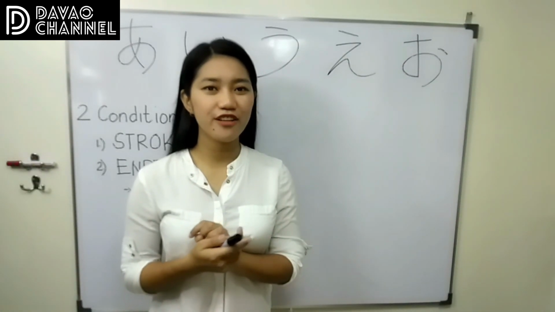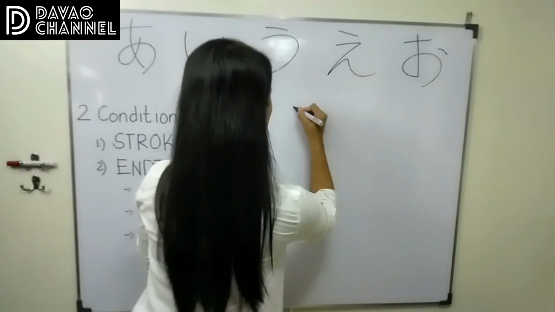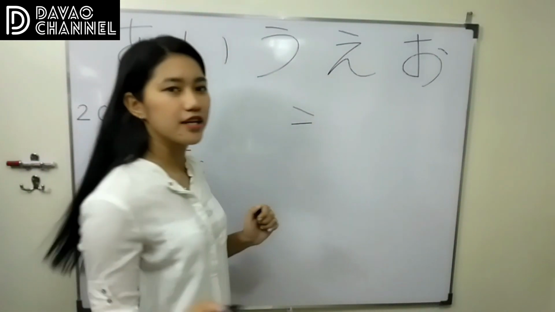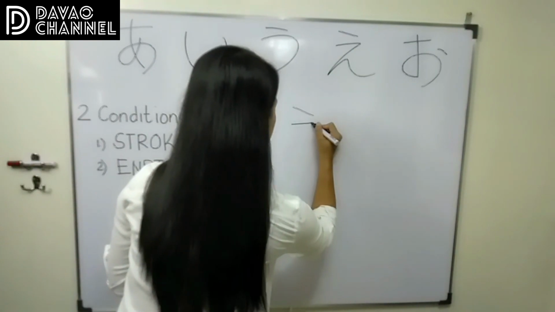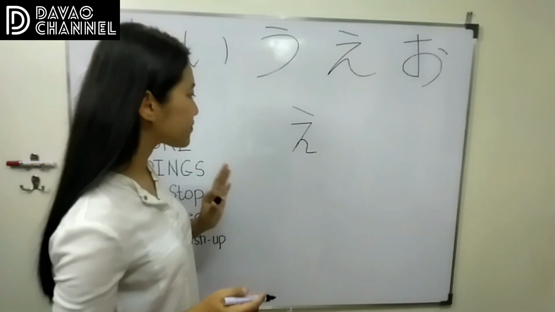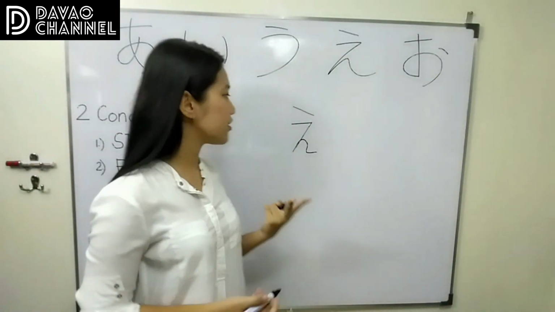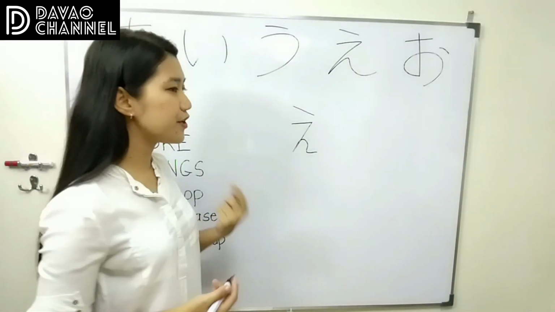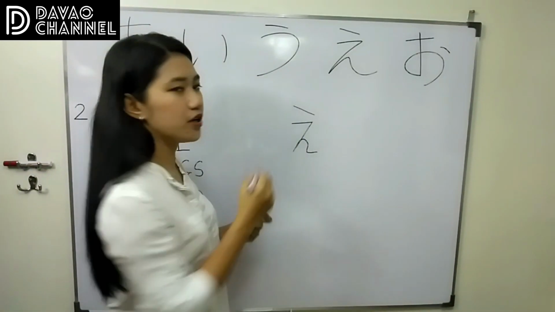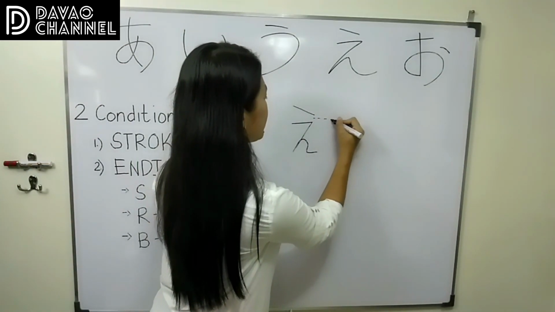Let's proceed to another letter, letter E. Our first stroke, our second stroke, and our third stroke. We have to consider two things in this letter. The first one is that our first stroke and our second stroke are not supposed to meet each other. So they should have a gap in here.